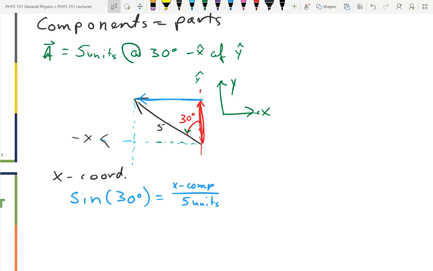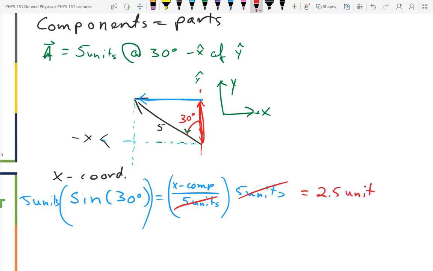To get the x component by itself, I'm going to have to multiply both sides by 5 units, so that I will have canceling here. And I end up with 5 times sine of 30 degrees. Sine of 30 degrees is 1/2. 5 times 1/2 is 2.5.